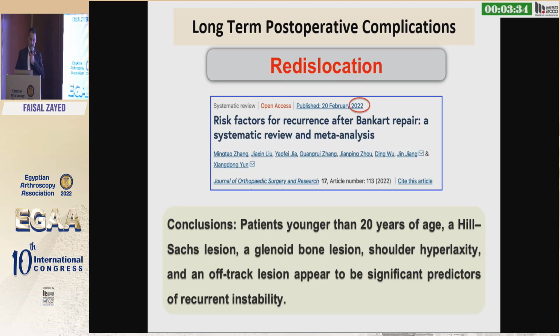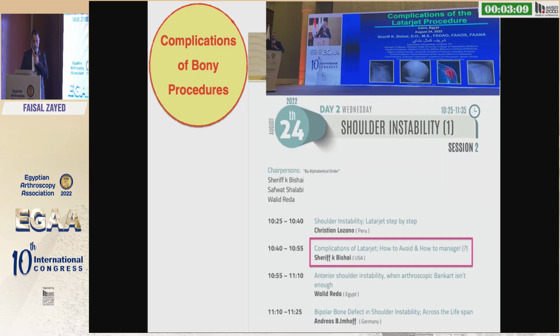This recent systematic review and meta-analysis discussed the risk factors for recurrence after Bankart repair, and they concluded that patients younger than 20 years of age, Hill-Sachs lesion, glenoid bone loss, shoulder hyperlaxity, and an off-track lesion appear to be significant predictors of recurrent instability.